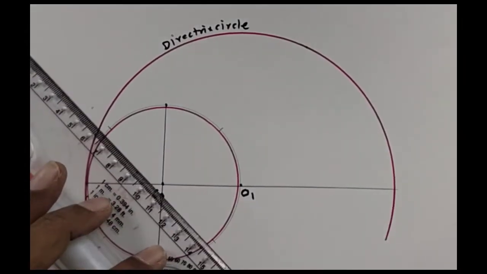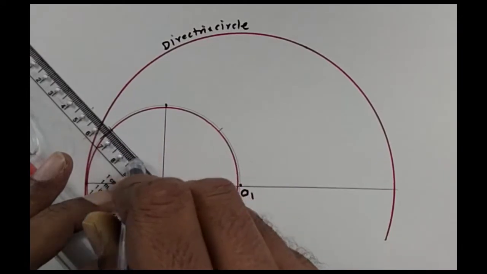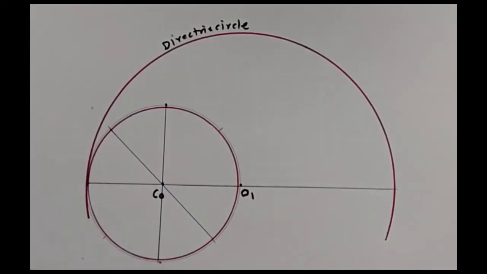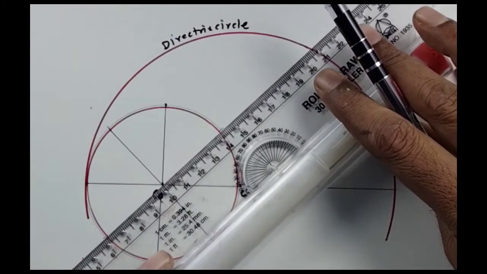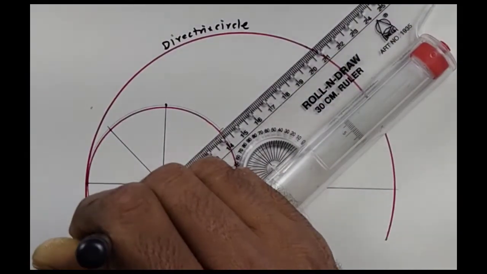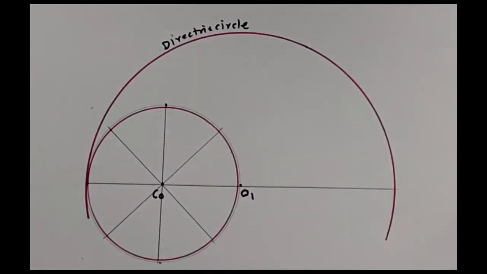Similarly, you can take the 45 degree inclination and join your opposite points. Divide your 90 degree quadrant into 2 parts. Similarly, on this side, I divide the parts.